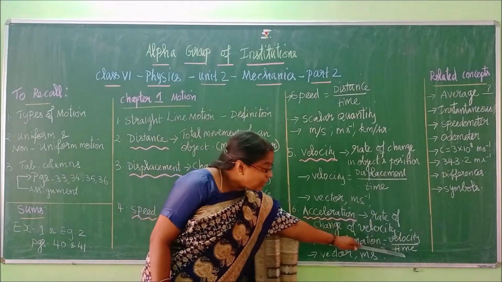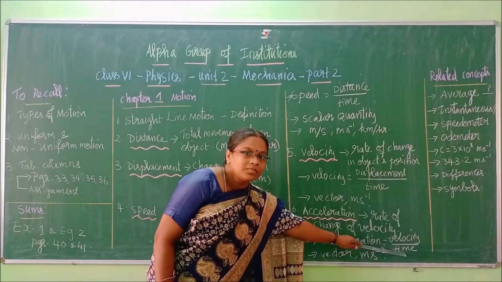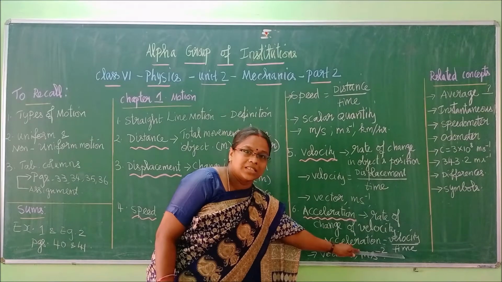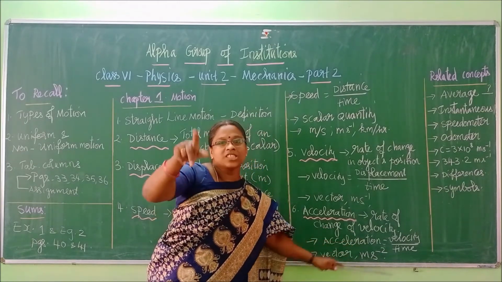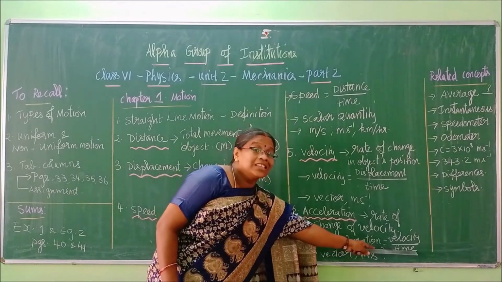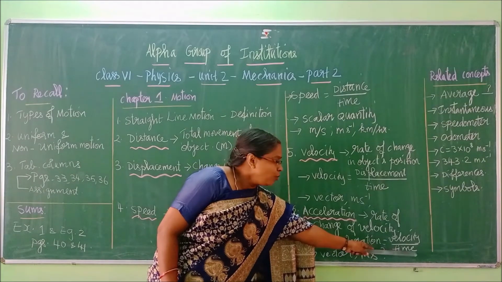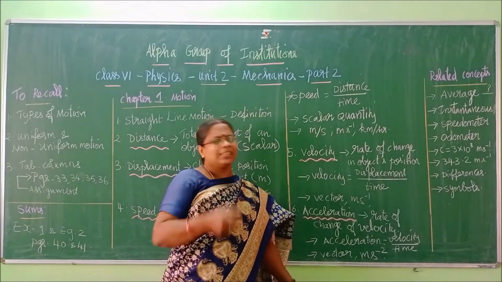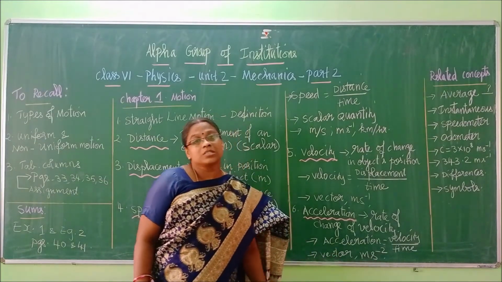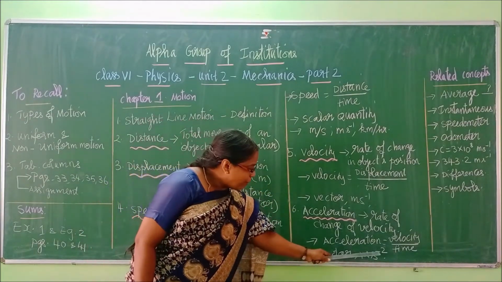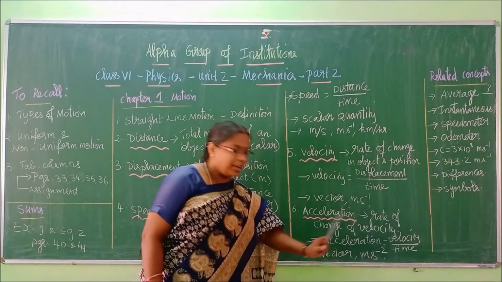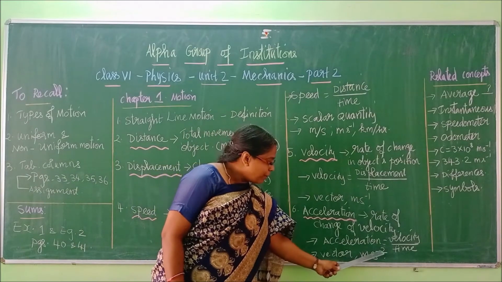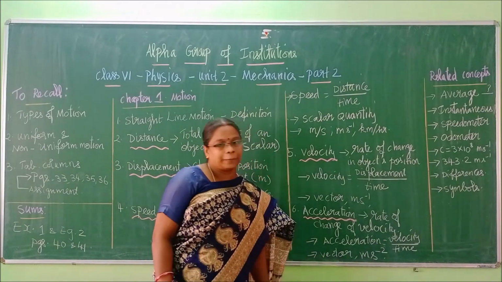Now another -1 will come. So m s power -1 by s, that another s. Both s get added, so you get s power 2. When it goes up, it will be m s power -2. In short, m s power -2 is pronounced meter per second square. I will say it once again, meter per second square.